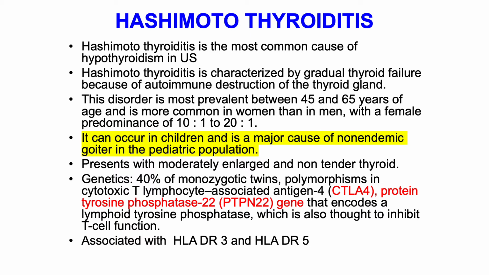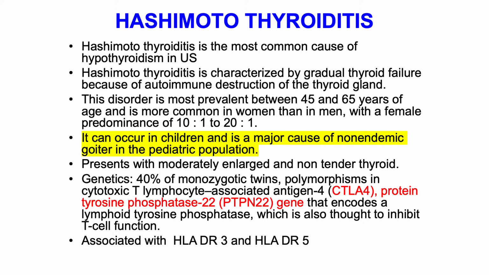So Hashimoto's thyroiditis is a pretty common thyroiditis, and it is one of the most common causes of hypothyroidism in many of the countries. Also, in the non-endemic areas, it is quite a common cause of goiter. It is characterized by gradual thyroid failure. So here the pathogenesis lies in autoimmune destruction of thyroid gland.